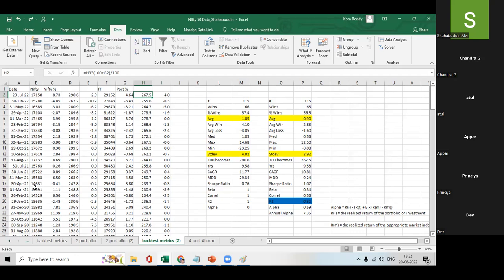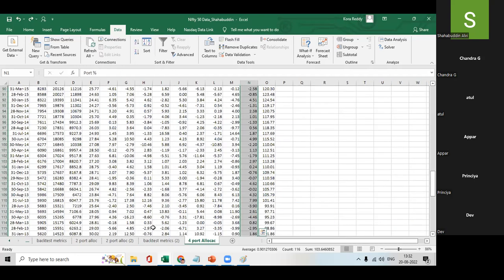Now this 4 portfolio, to make it 6. Copy.